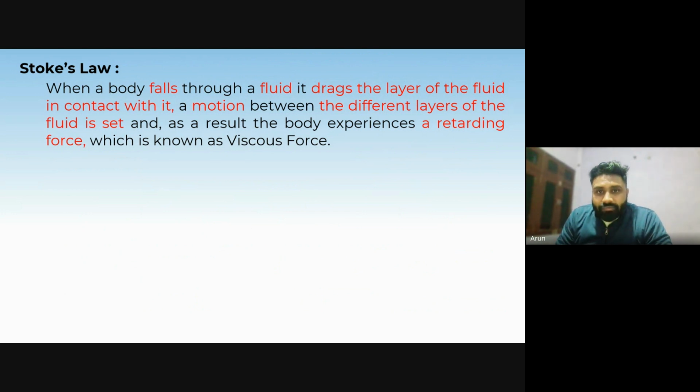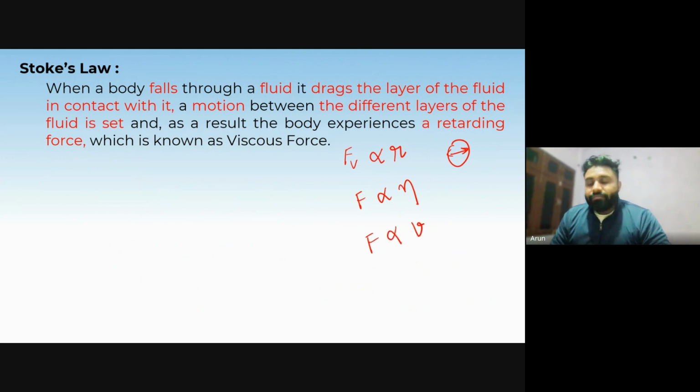Now, this viscous force, let's say Fv, is directly proportional to, and this has been observed experimentally. The observation of this law is made purely on an experimental basis. So it directly depends on the radius of the sphere, let's say this is a ball, and it also depends on the coefficient of viscosity of that fluid, and it also depends on the velocity with which the object is traveling.